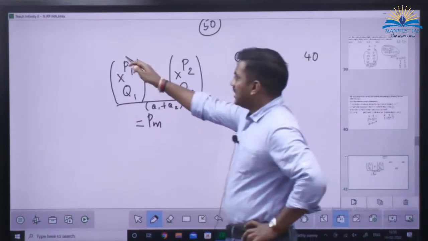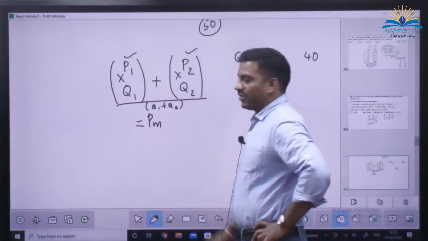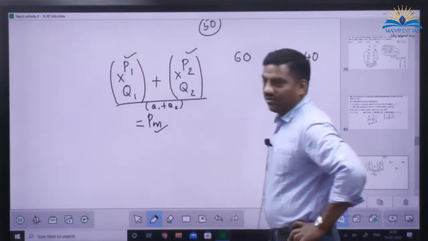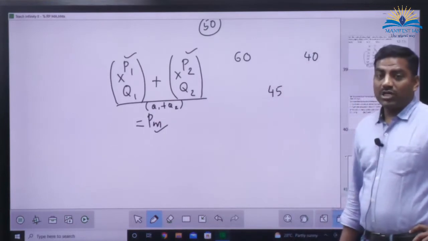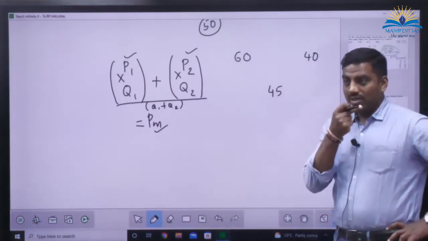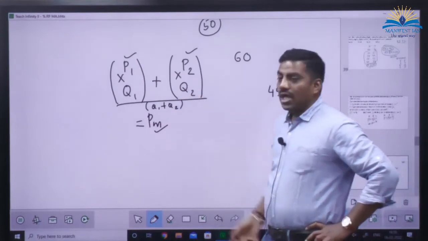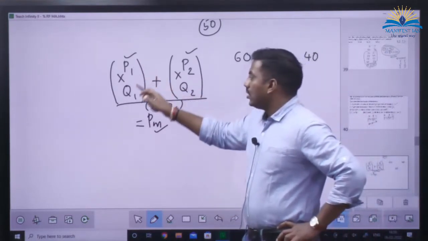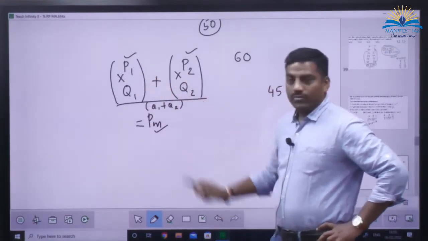See, price 1 is given, price 2 is given, and the price of the mixture is given. Can we find out Q1 and Q2? See, here totally, how many unknowns are there? 1, 2, 3, 4, and 5.